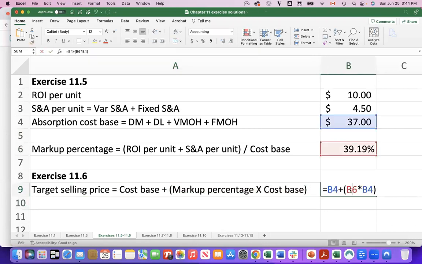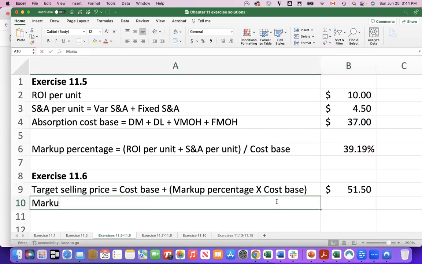So if you look at the formula here, we take that markup percentage of 39.19%, we multiply it by the absorption cost base of $37, and then we add that back to the cost base in order to determine that selling price of $51.50.